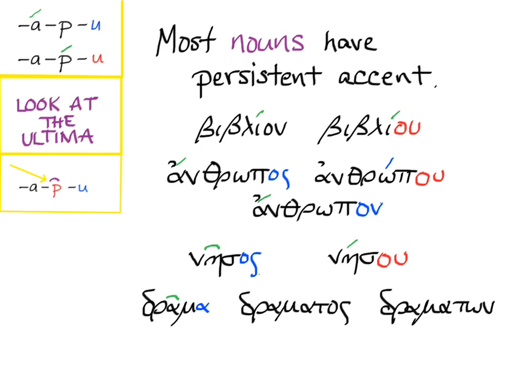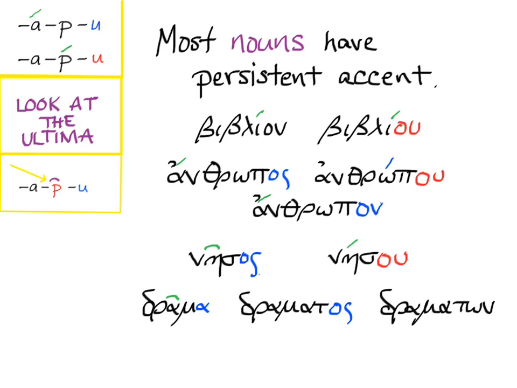Now, when this word changes form to dramatos, so that it means of drama, it now has 3 syllables. So even though the last one is short, the accent on that first alpha can't stay a circumflex, even though it wants to persist because, as you know, a circumflex can't go back that far in a word.